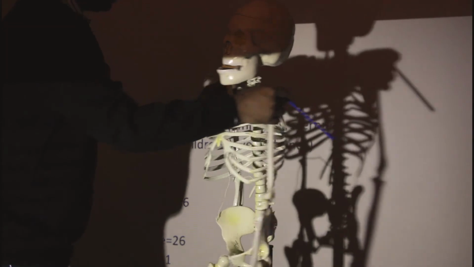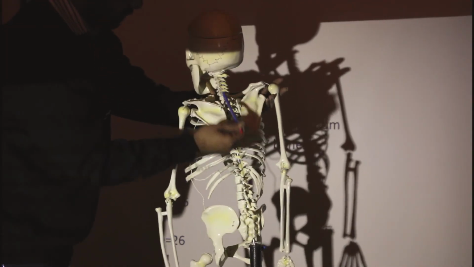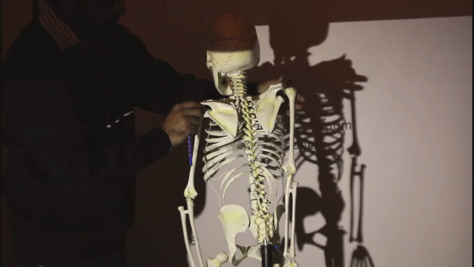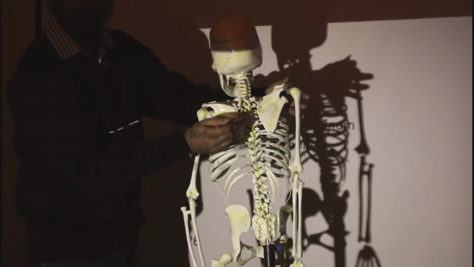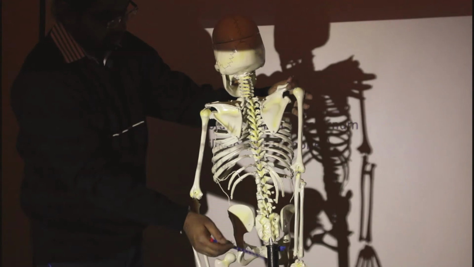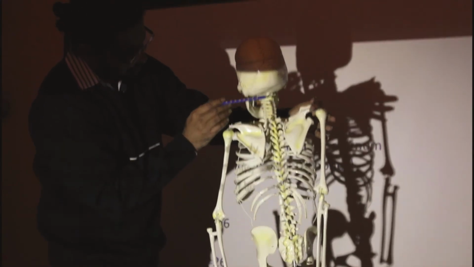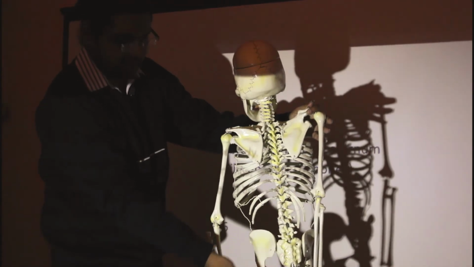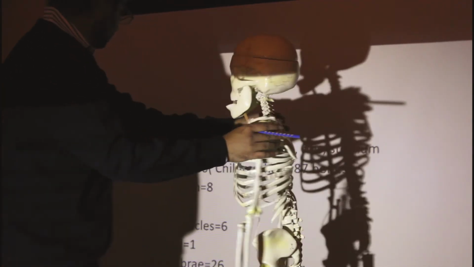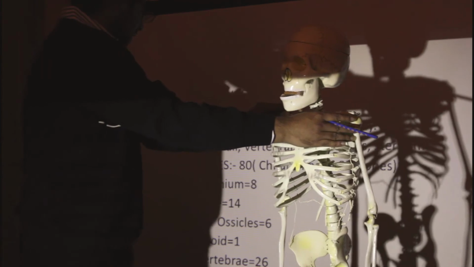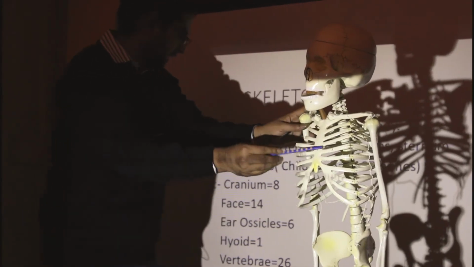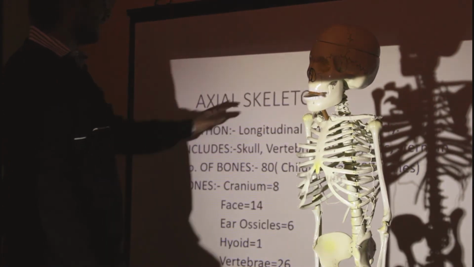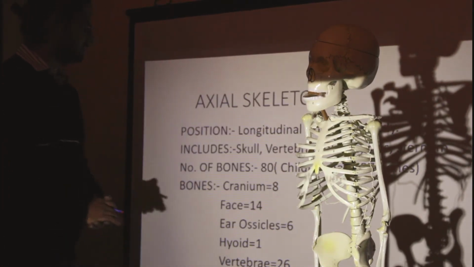The vertebrae together form the vertebral column. Individual vertebrae make up the vertebral column, starting from the cervical, thoracic, lumbar and sacrum, and finally the coccyx. The sternum and the ribs are also bones of the axial skeleton. Next slide.